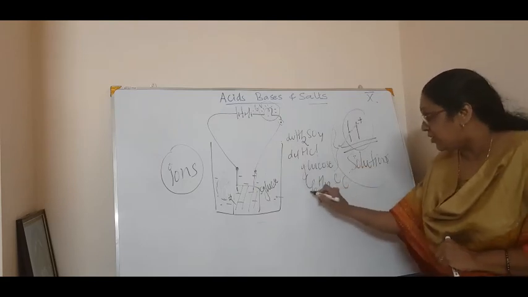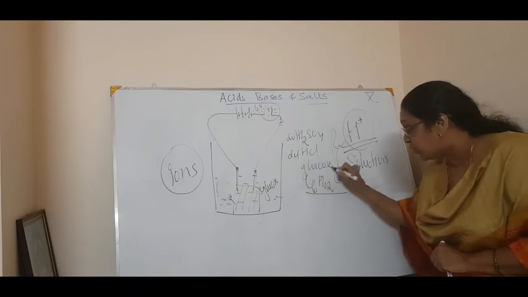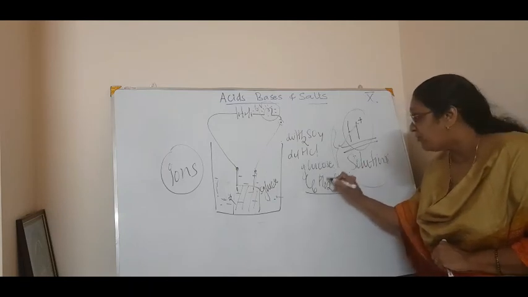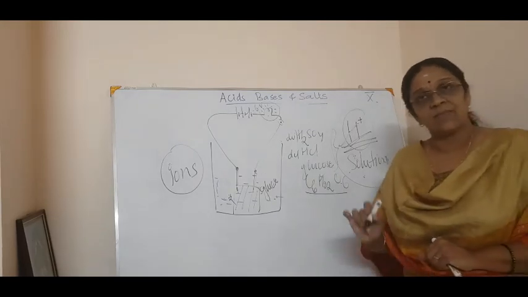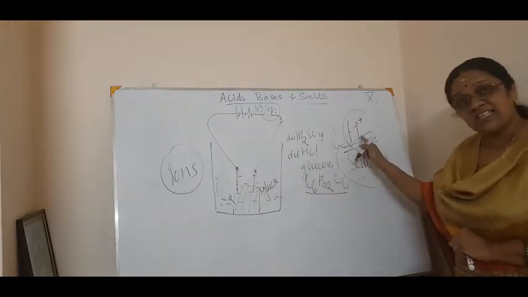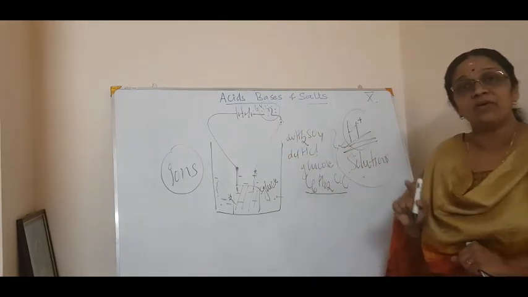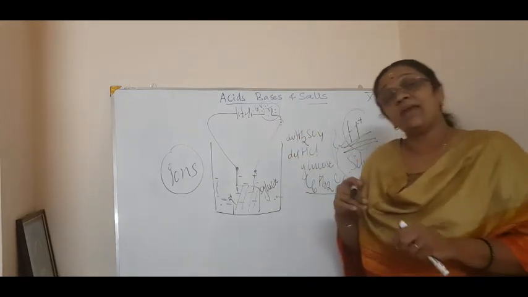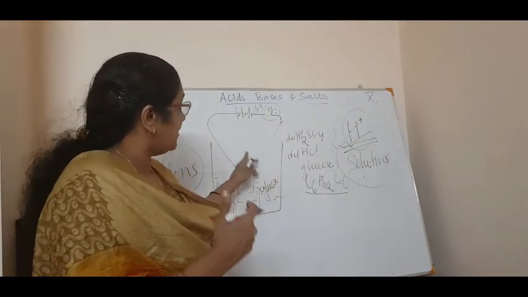But even though glucose, C6H12O6, also has hydrogen, it cannot furnish H plus ions in solution. So that's a funda. That means if only H plus ions are there, then the current can come, the bulb will glow. Which means that you can redefine the definition of an acid.